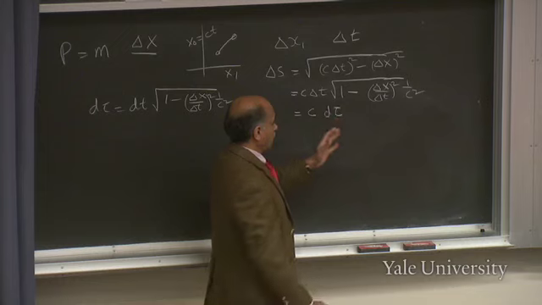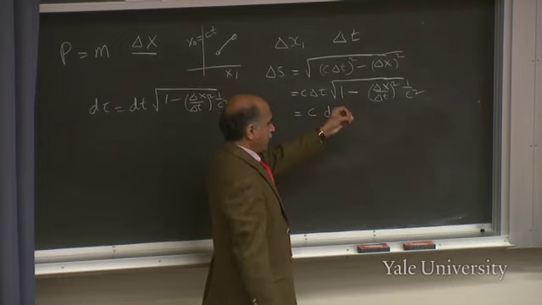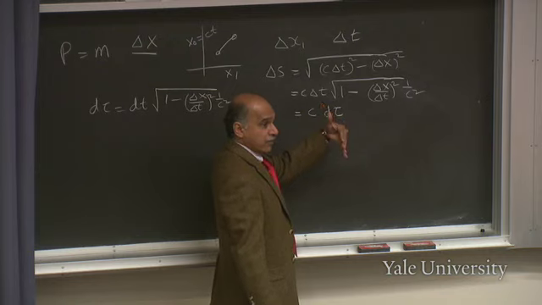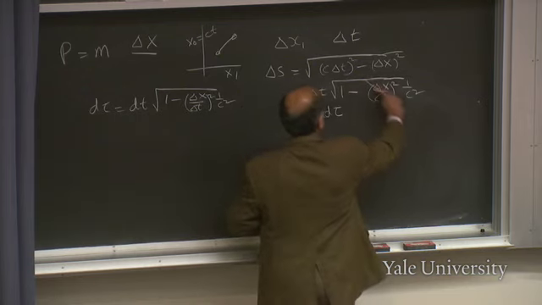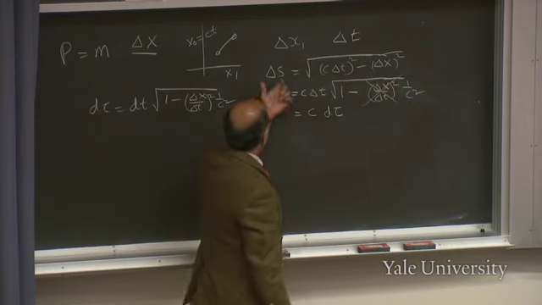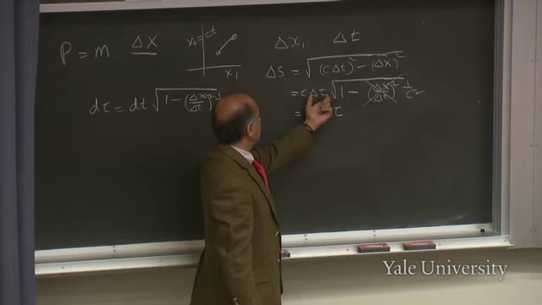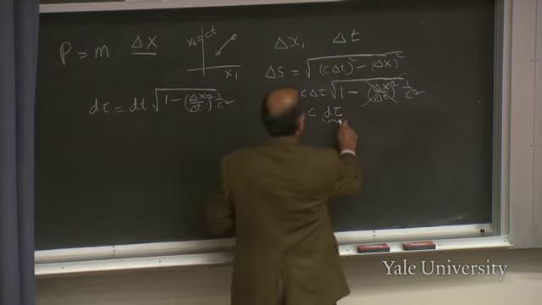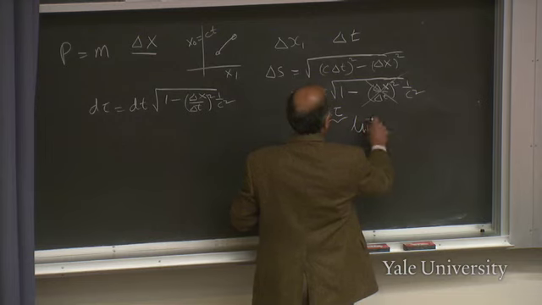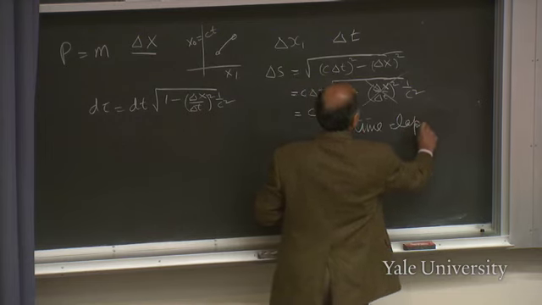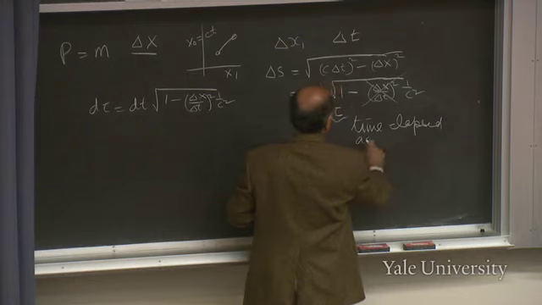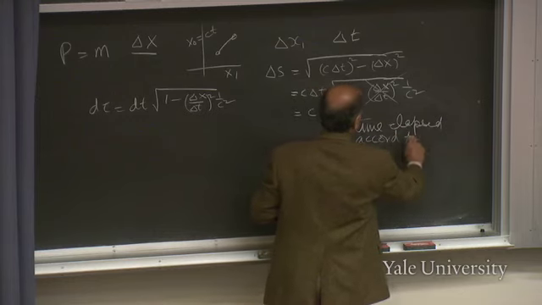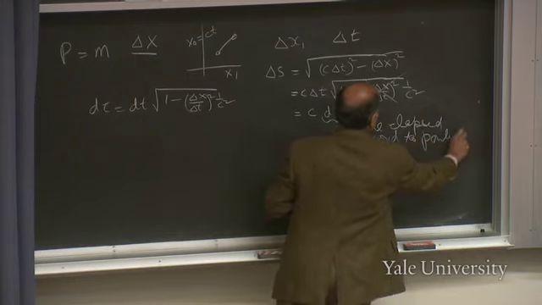If you're moving with the particle, and if you're here now and there later, later is certainly later, but here remains here for the particle. It doesn't move in its own frame. So delta x will vanish. Therefore, delta s simply reduces to c times the time elapsed according to the particle. So d tau is the time elapsed according to the particle itself. That's what we're going to divide by.